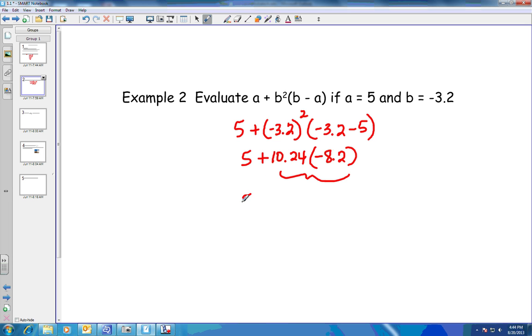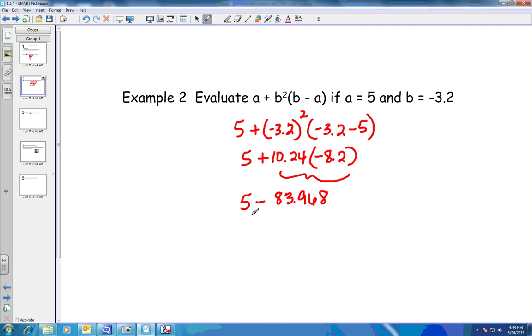So I have my 5, and then 10.24 times a negative 8.2 is a negative 83.968. So I've done multiplication and I didn't have any division.